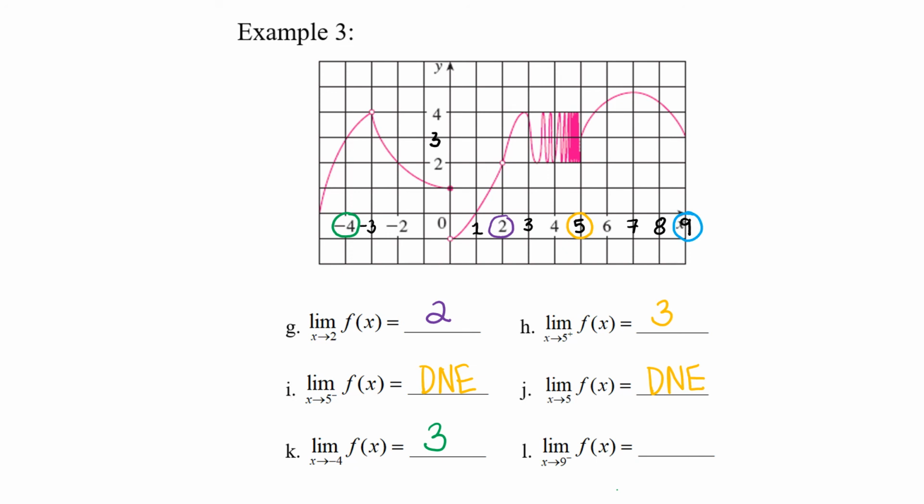So we'll start on our left-hand side and trace our function. As our x value gets closer and closer to 9, it appears that our y value is getting closer and closer to 3. So the limit as x approaches 9 from the left of f of x is equal to 3.